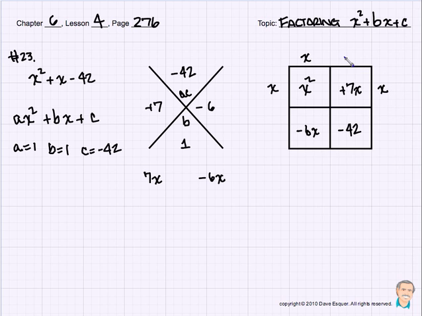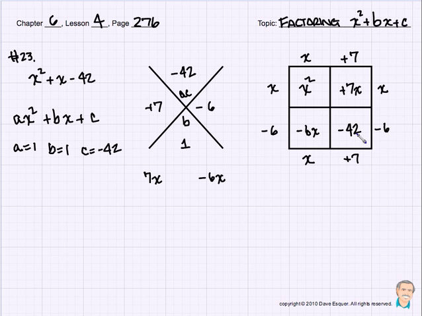Remember, this side is x. So upper right box, the top distance must be 7. We have this distance down below is x. So then this length must be a minus 6. And then we have this length is minus 6 and this one is a plus 7.